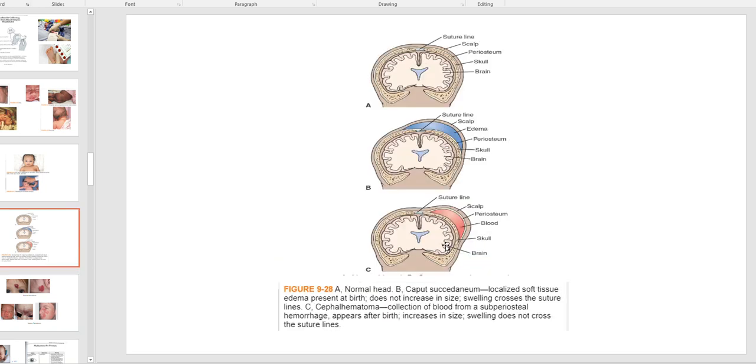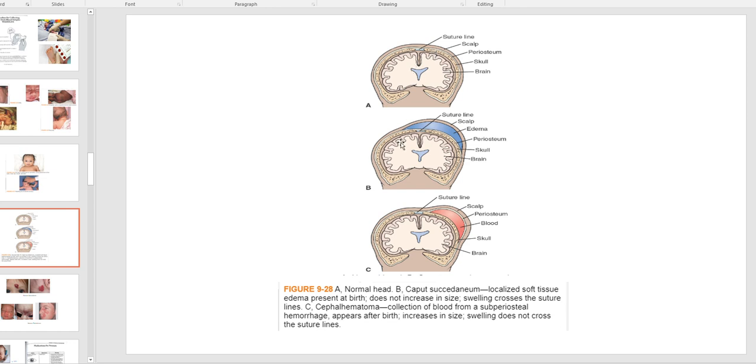Right now I want you to look on page 307, the different suture lines. The suture line on an infant's head is straight down the middle, or it should be. This is a normal head. The periosteum is covering that suture line, along with the scalp. The sutures are there so the baby can be born vaginally. The bones cross over each other, squeeze in, and then come back out after delivery.